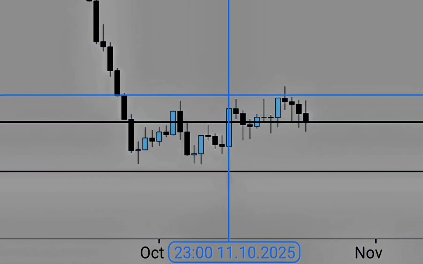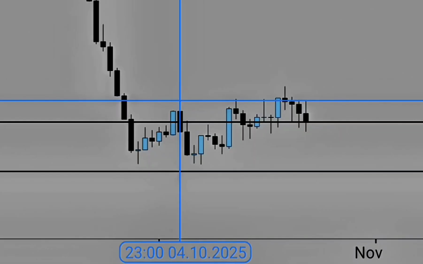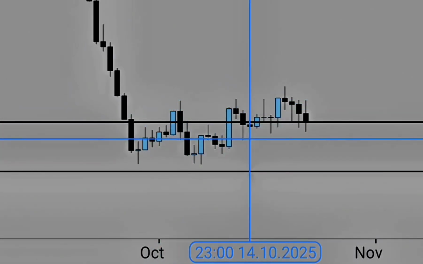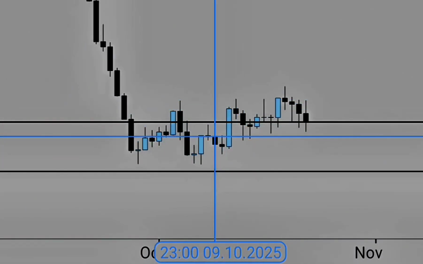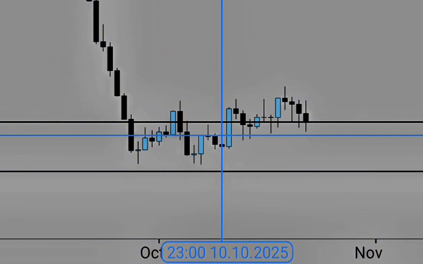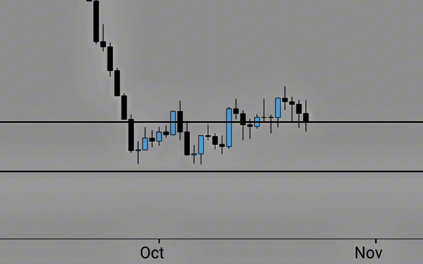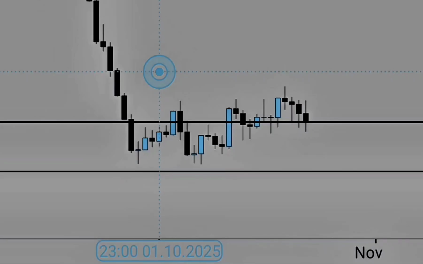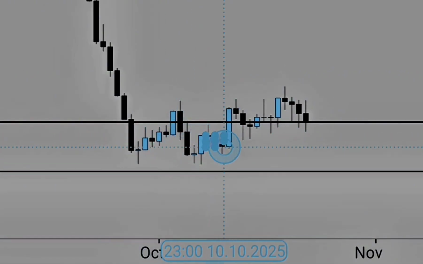We came in high, we took out this high just by a little bit. We retested this level right here of supply. Let's just mark that out using a rectangle right there.